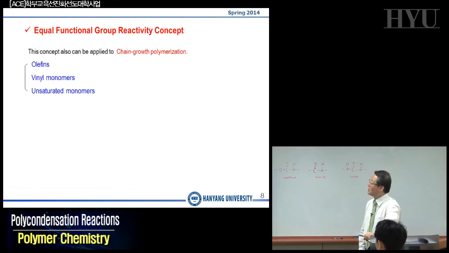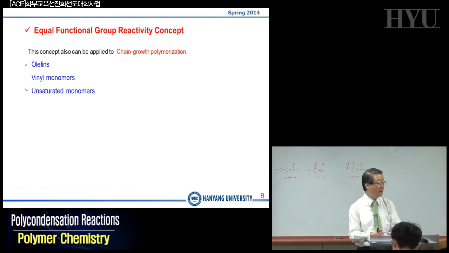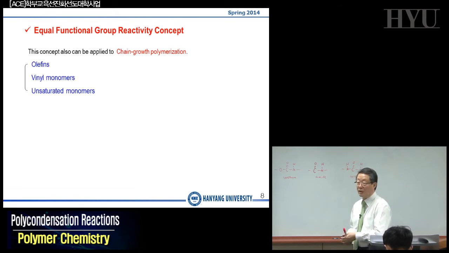Now, this concept can also be applied to chain-growth polymerization reactions as well. Okay? Complexity or size of your monomer doesn't really matter to the reactivity of your functional groups. For example, polyolefins, polyethylene, polypropylene, stuff like that, or polyvinyl monomers.